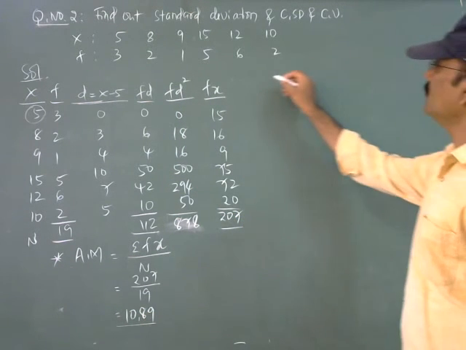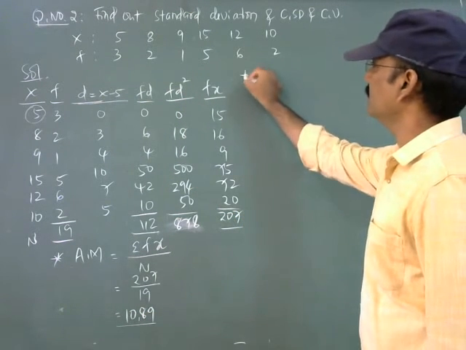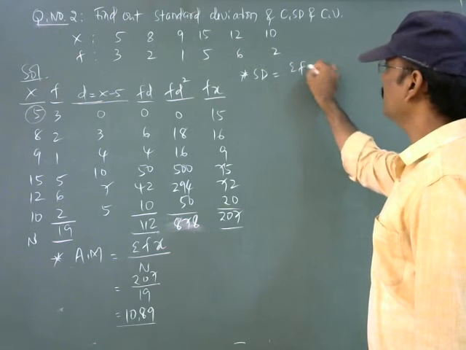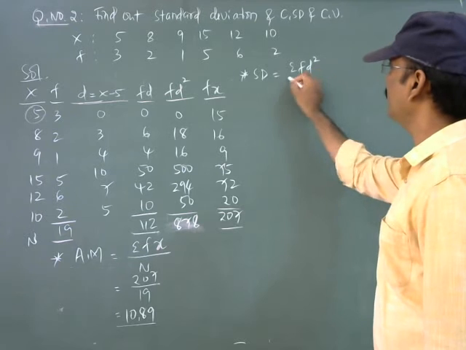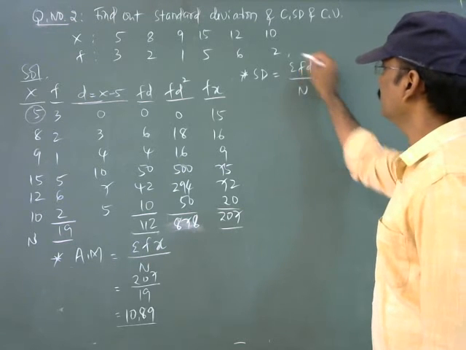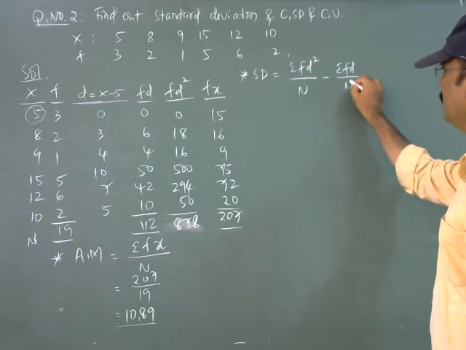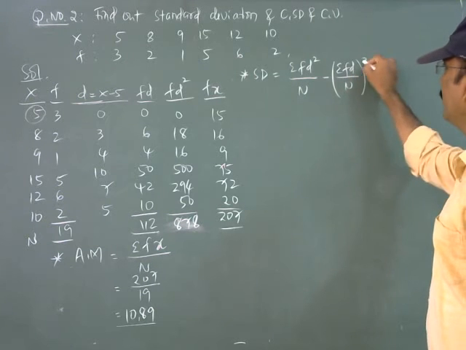Now I will show you the standard deviation, the second one. Standard deviation equals the square root of summation of fd square divided by N, minus summation of fd divided by N, whole square.